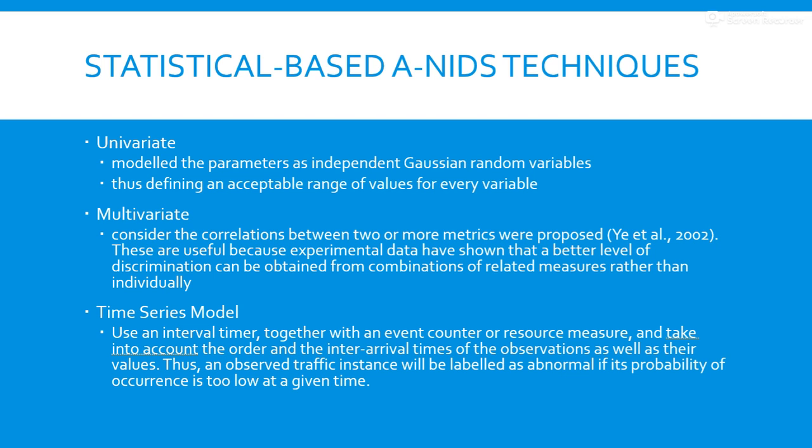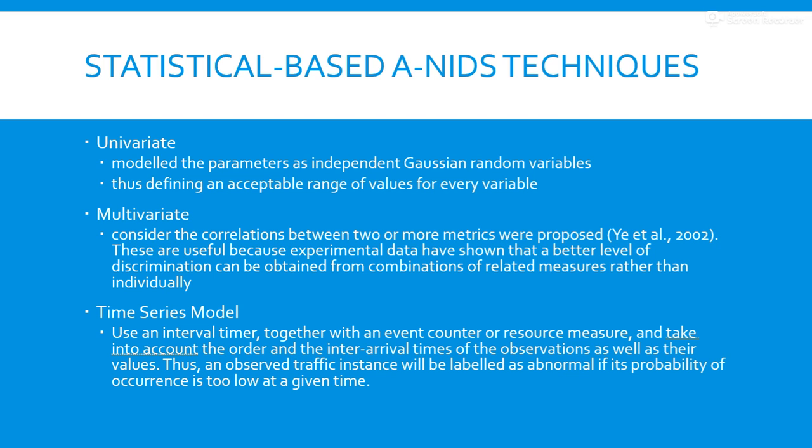Then multivariate models that consider the correlation between two or more metrics were proposed, and these are more useful because experimental data have shown that a better level of discrimination can be obtained from a combination of related measures rather than using just one measure.